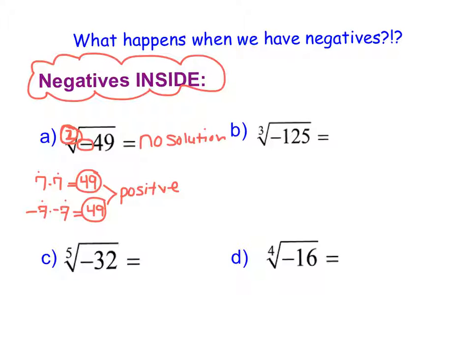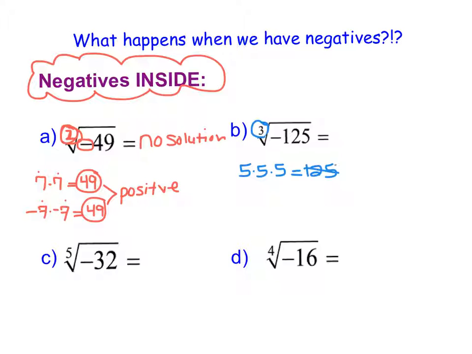Then if I move on and I look at this next one, I notice that I have a 3 here, and I notice that I have a negative 125 inside of my root. So I'm trying to figure out what number times itself 3 times will give me a negative 125. Well, I know if I look down the cubed column that I find 5 times 5 times 5 gives me a positive 125.